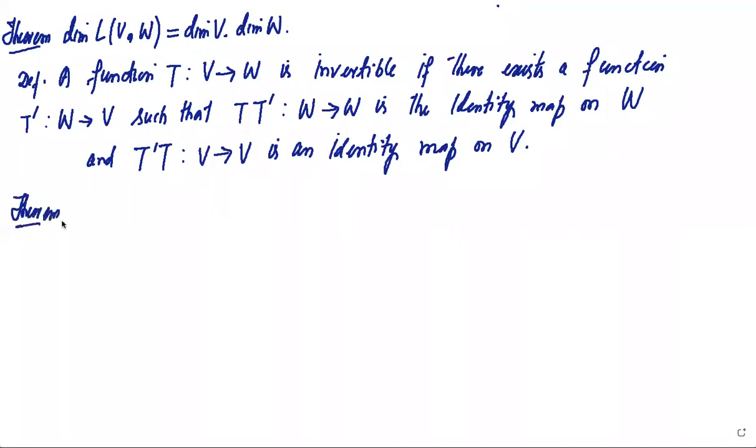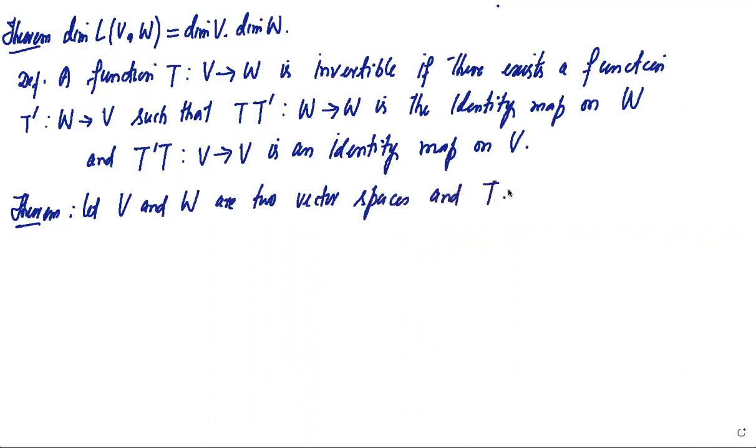We shall do it again in the form of a theorem, and it states: let V and W be two vector spaces, and T from V into W is an invertible linear transformation.